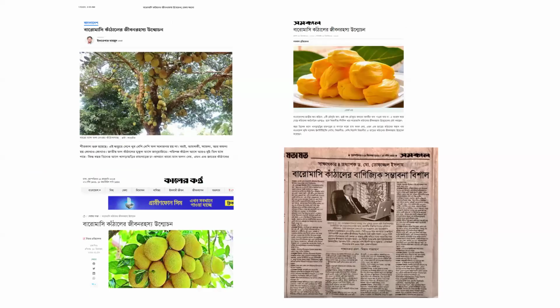This paper was published in Frontiers, and here you can see the tree, very interesting, and its fruits. It was hugely discussed. Even the former prime minister, who is now in India and left our country due to a huge movement, discussed a lot about jackfruit after our discovery, in an official celebration program at our university.